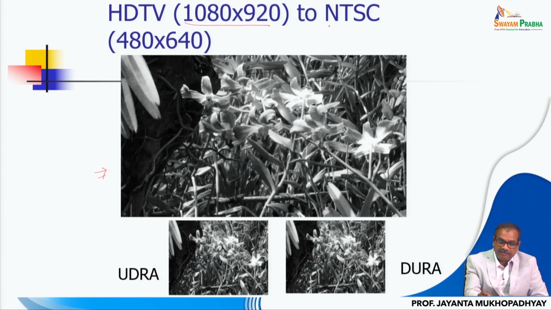And I would like to convert it to an NTSC format whose number of rows is 480 and columns is 640. So I apply this algorithm. This is the upsampling followed by downsampling algorithm, and this is the downsampling followed by upsampling algorithm. You may notice some more blurring in this particular image.